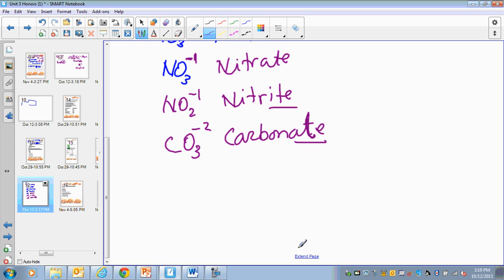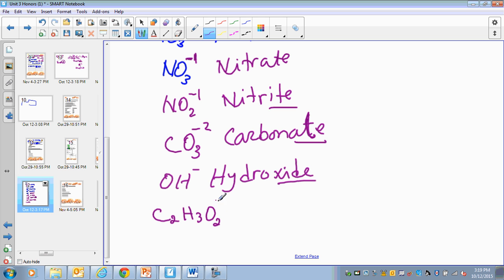So we have hydroxide, OH minus 1. So yes, it has oxygen, but it is still ending with ide. So this is again one of the exceptions to the ates and ides. You have to memorize all of these. And then there is acetate, C2H3O2 minus 1.